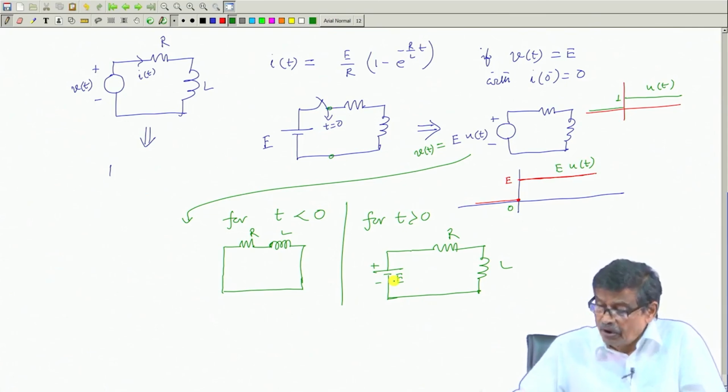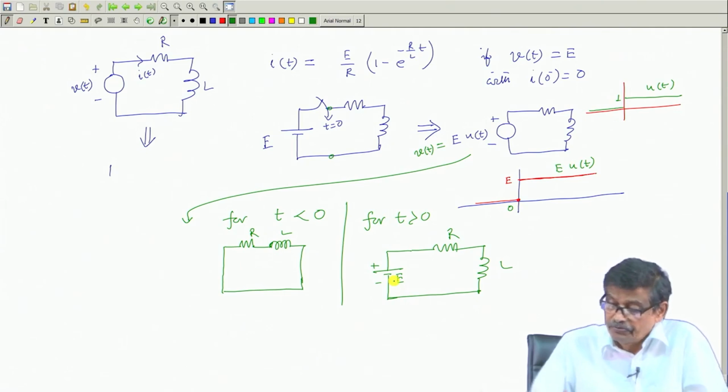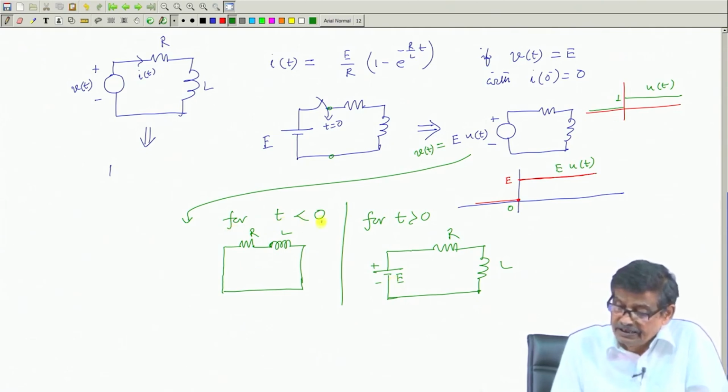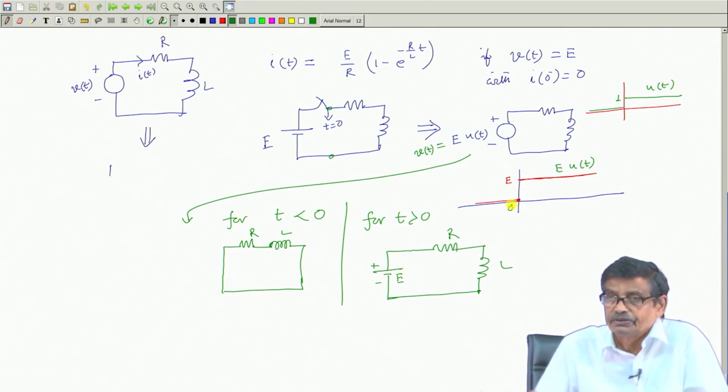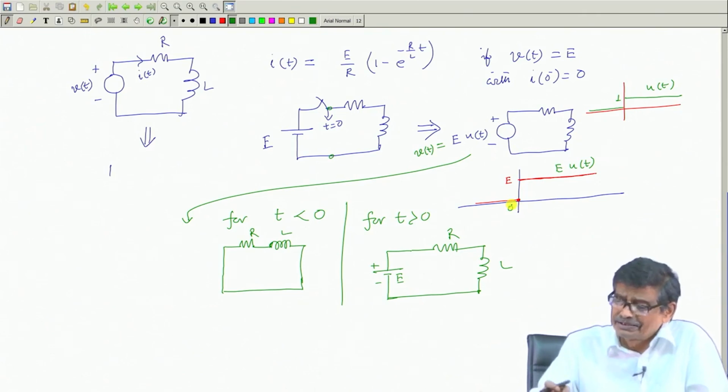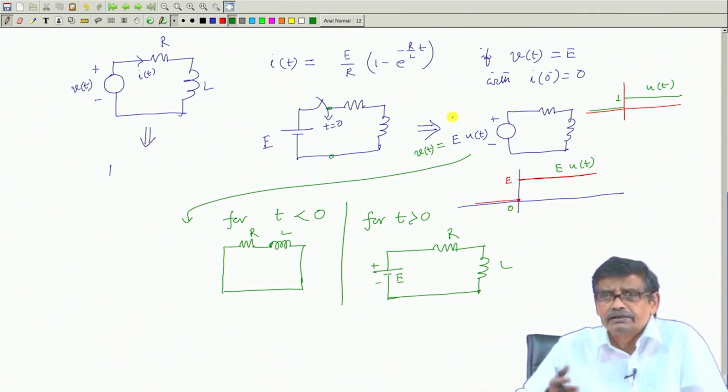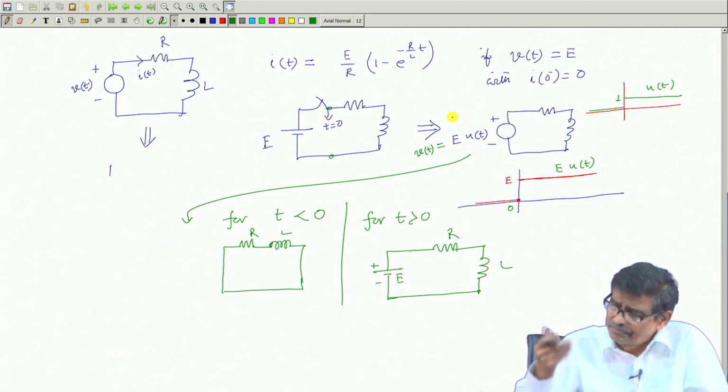So, this is how some function is written. For t less than 0, voltage applied is 0; from minus infinity to 0 it was 0. Even if the inductor had some current, it must have dissipated in R, the energy storage initially long back.